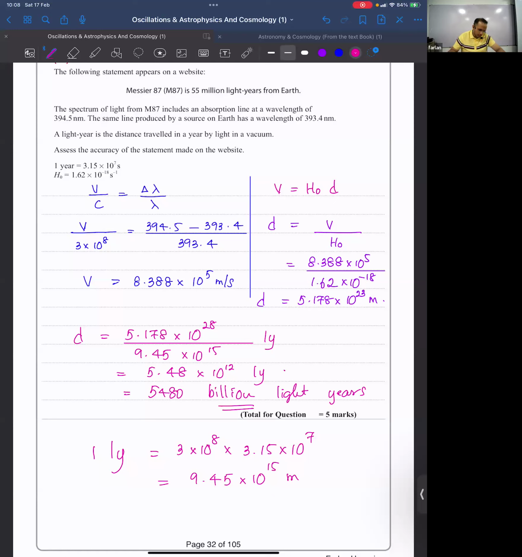So isn't it 10 to the power 23 or is it 10 to the power 28? 23, that's right.